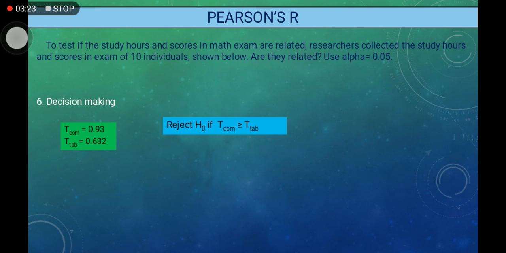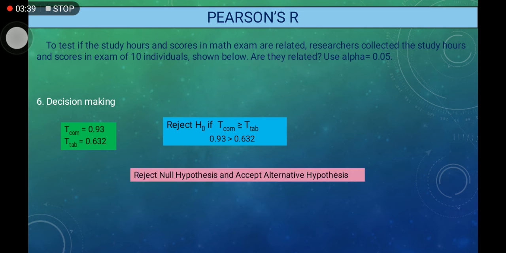So, kung mapapansin nyo, si TCOM is 0.93 and si TTAB is 0.632. So, makikita natin na si 0.93 is greater than 0.632. Kaya, ang decision natin is reject null hypothesis and accept alternative hypothesis.